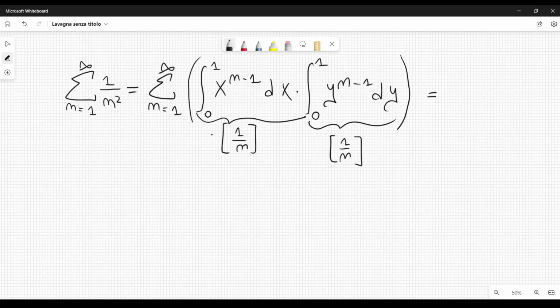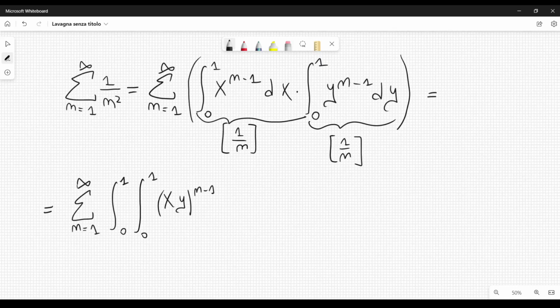Now, let's put these two integrals together. Sum from 1 to infinity of the integral from 0 to 1, integral from 0 to 1, of x times y to the n minus 1 dx dy. Now we are going to exchange the integral operator with the series operator. So we are going to put this summation here.